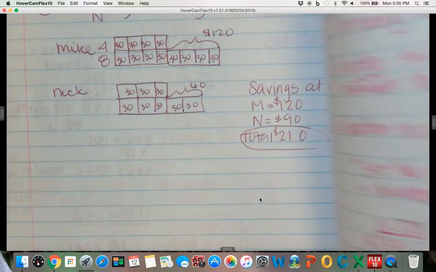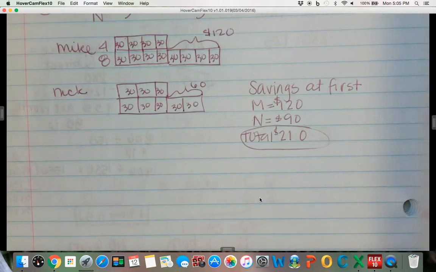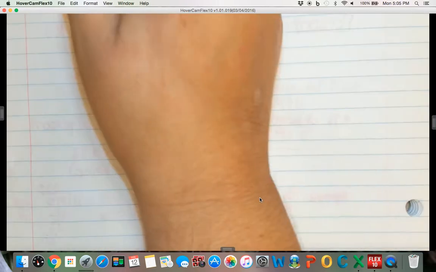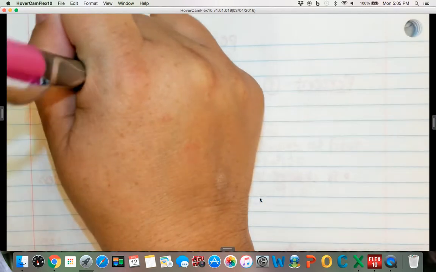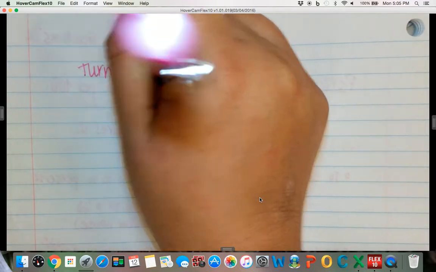Another way to turn a fraction into a percent is multiplying by 100.